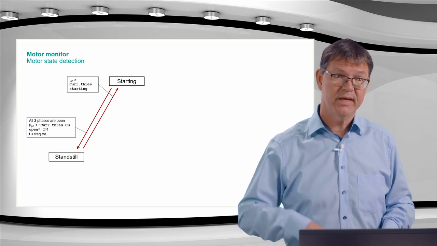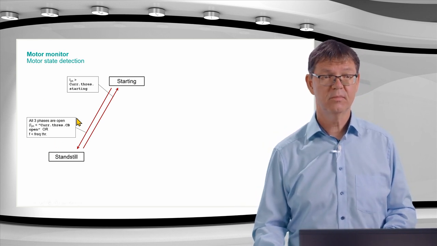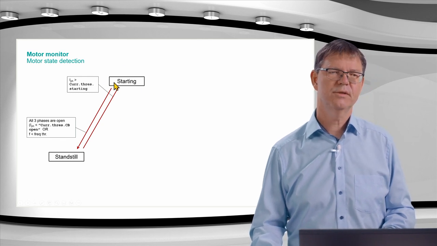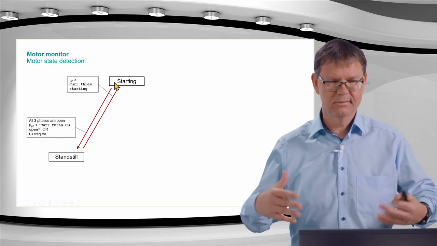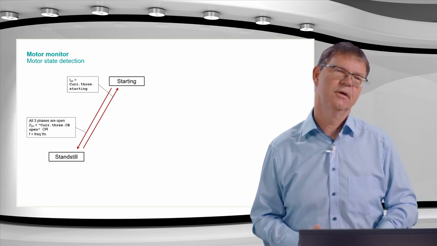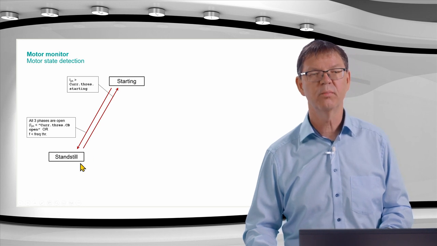Then we have also the way back. If all three phases are open, so this is the current criterion, or if the frequency, what we measure here, is lower than a certain setting, which is below the nominal frequency of the grid, then we assume, okay, the motor cannot be starting anymore, we go back to standstill.